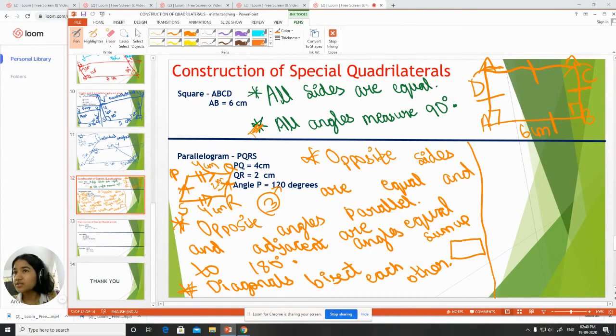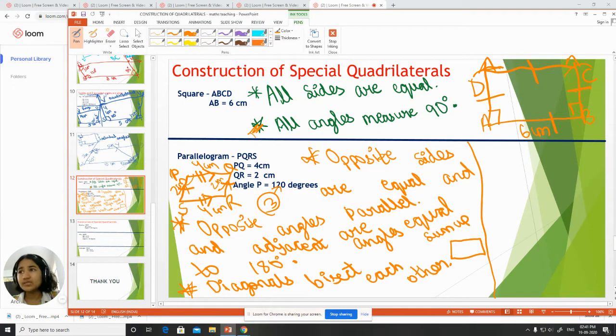And if QR is 2 centimeters, its opposite side PS will obviously be 2 centimeters, right? So let's see the construction. Angle P is 120 degrees. If this angle is 120 degrees, then angle R will also be 120 degrees. Why? Because opposite angles are equal.